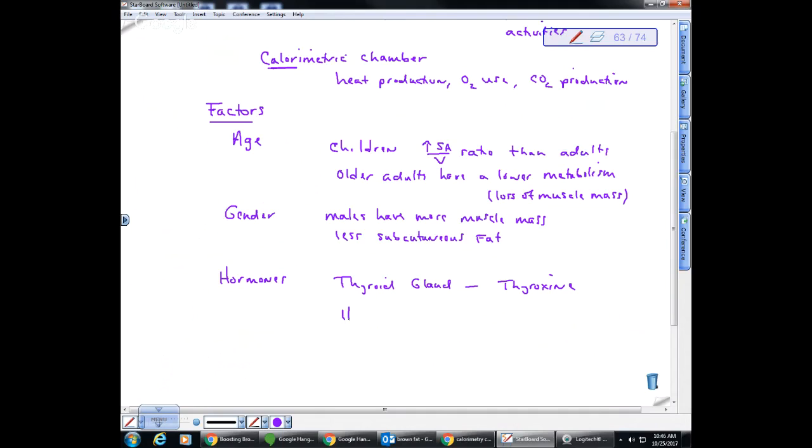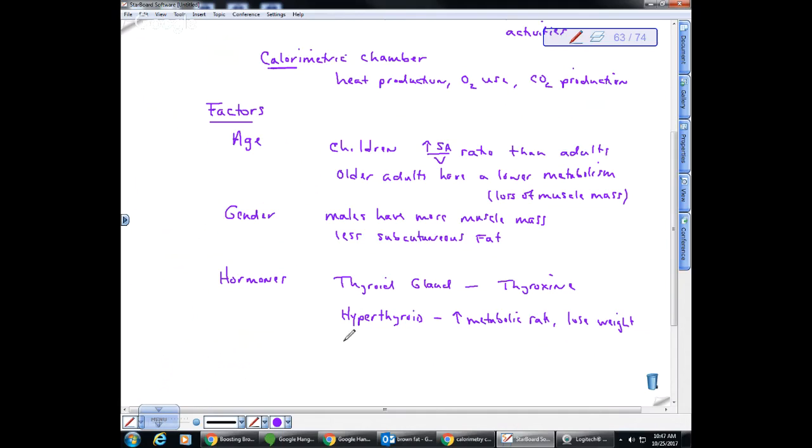Because if you have hyperthyroidism, that means you're going to have a very high metabolic rate and you're going to lose weight. You might think that's a good thing, but if you get so skinny and no matter how much you eat you still feel so skinny, and you're hot and sweaty and you just don't feel good, you could have a hyperthyroid, okay?